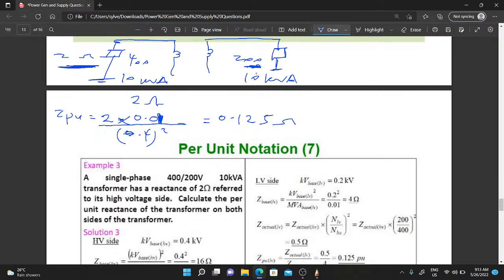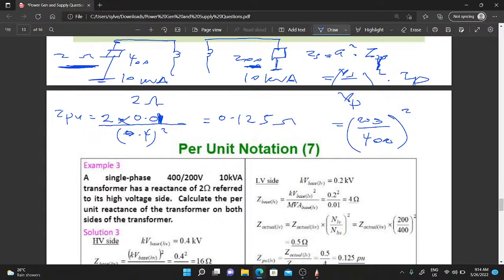If you are referring from primary to secondary, it is A squared times Z. Z secondary is A squared times Z primary, where A is the ratio secondary over primary, so 200 over 400 squared times 2. If you solve it, you get 0.5 ohms.